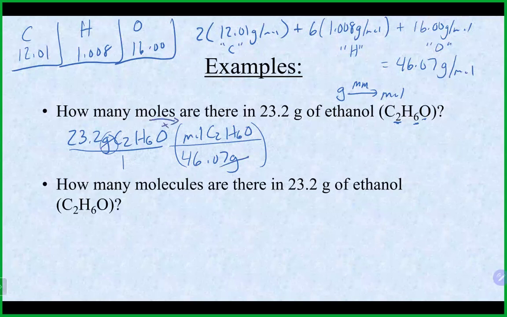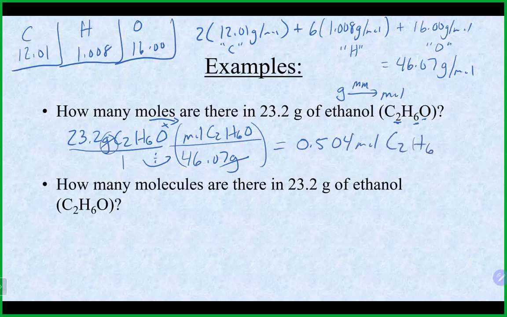We're multiplying and then dividing in this case. So we're going to take 23.2 divided by 46.07. And that's going to get us here 0.504 moles of C2H6O in this case. Again, the three sig figs off of the 23.2 number that we started with.